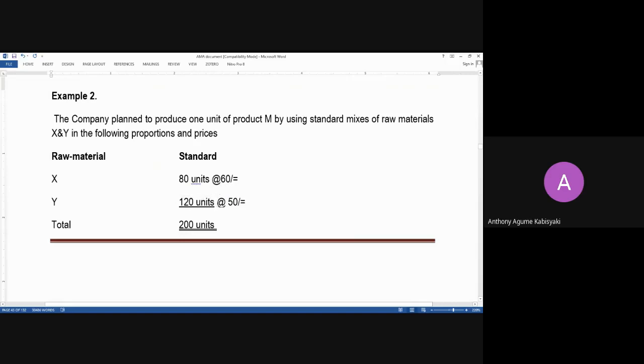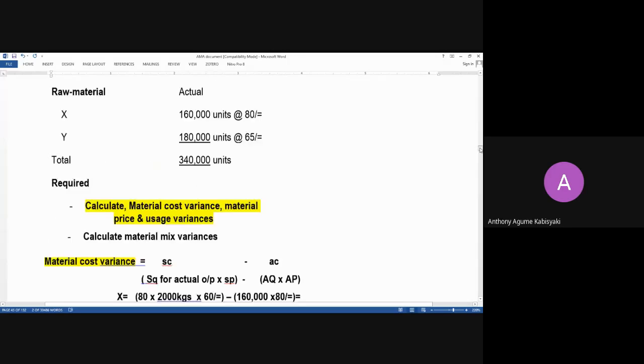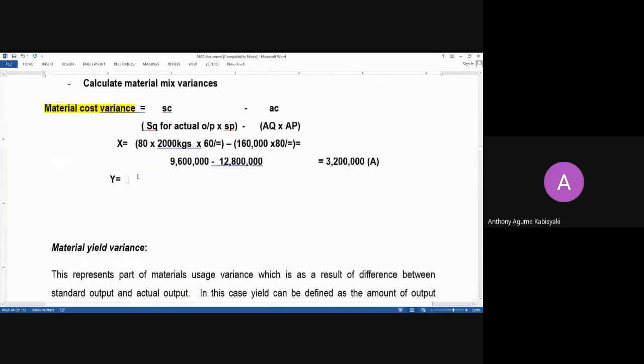I will multiply this by 50. No, but not by 50, but by the actual output. Then I multiply by 50. So 120 units times the actual output, which is 2,000 kgs. Then I multiply by the standard price, which is 50 shillings.